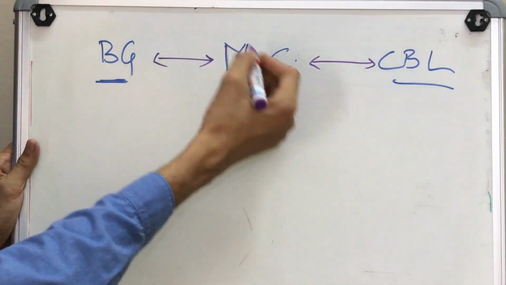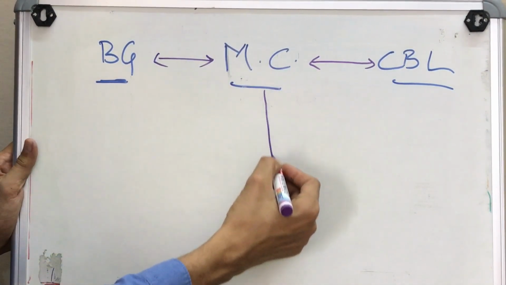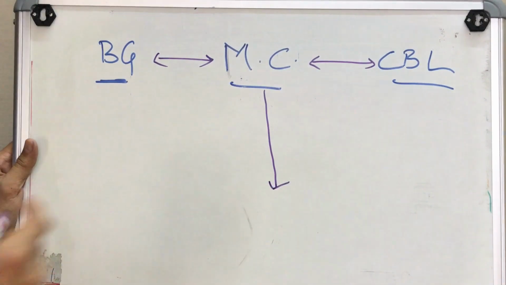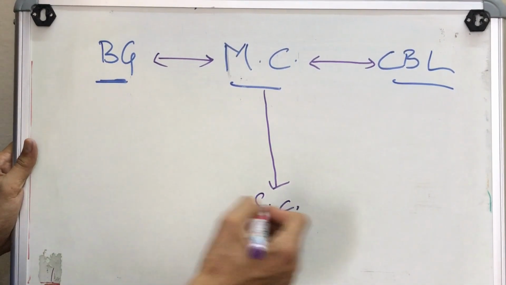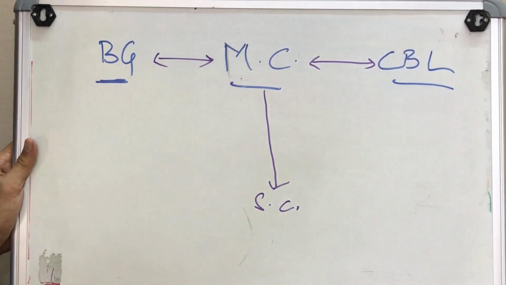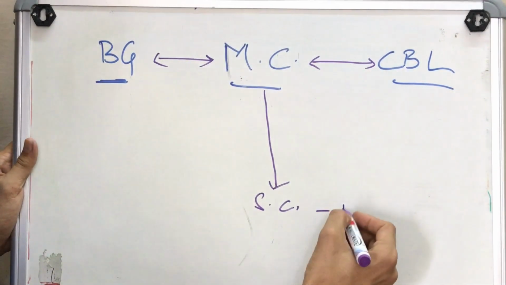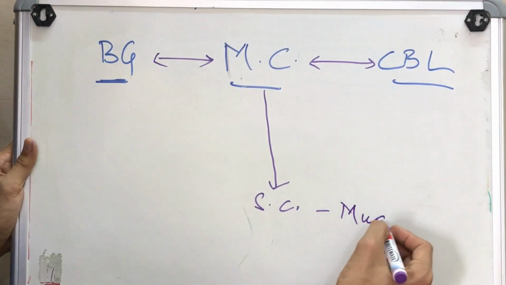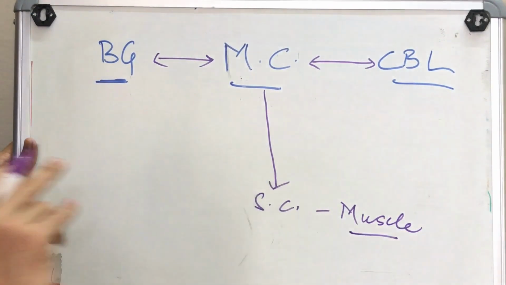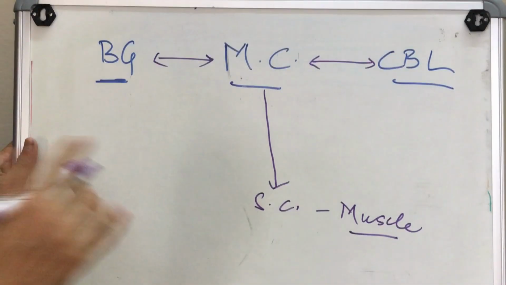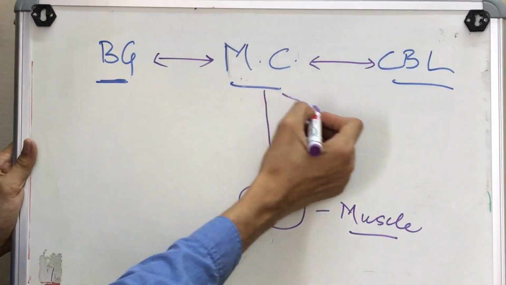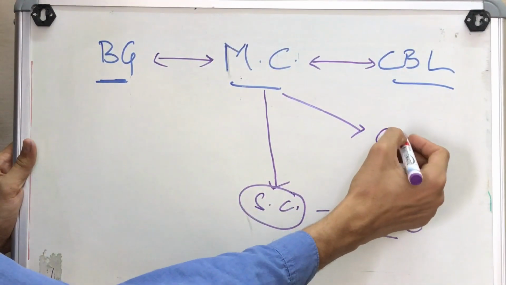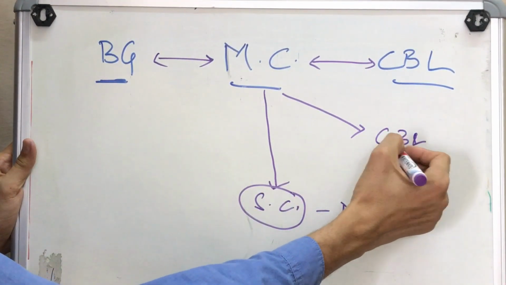The motor cortex finally will send a blueprint to the spinal cord, a blueprint of what kind of movement the spinal cord is supposed to order the distal muscles, the skeletal muscles, to perform. Now, one copy is sent to the spinal cord and one copy of that blueprint is also sent to the cerebellum.